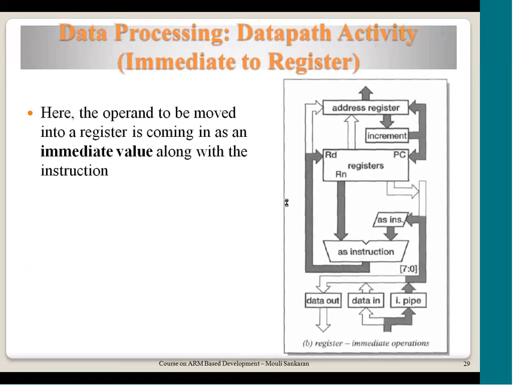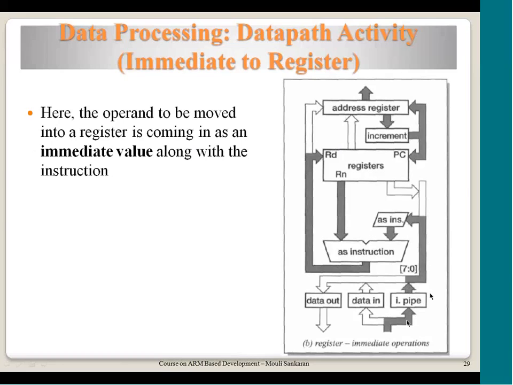Now assume that there is an immediate value coming. If you remember the previous example I showed you, move Rn and then you are saying LSL hash 2, some shift operation with the hash 0x2. That 0x2 is an immediate constant which has come with the instruction. Now how does it get entered into the instruction here?